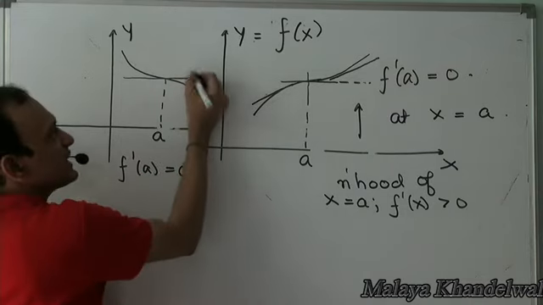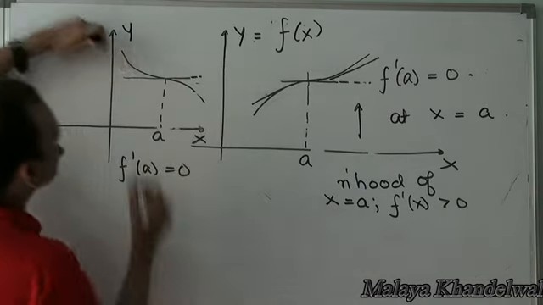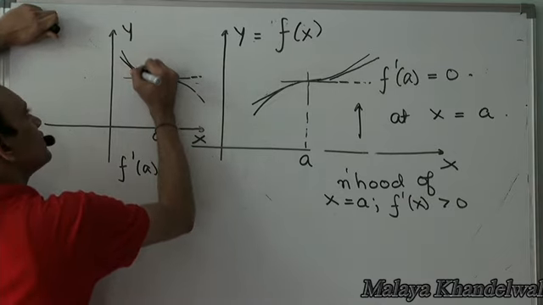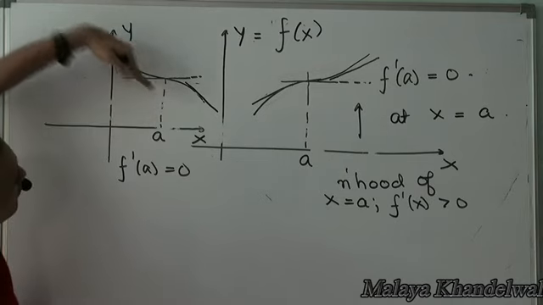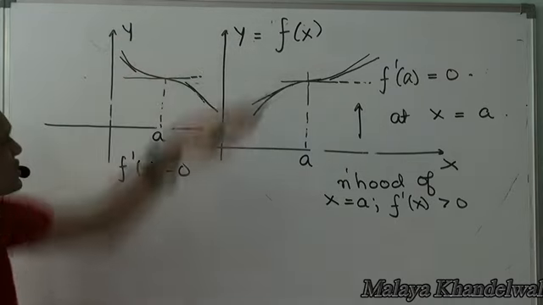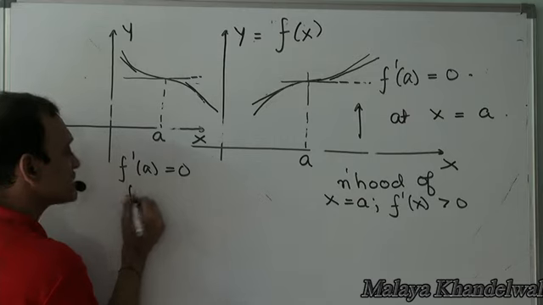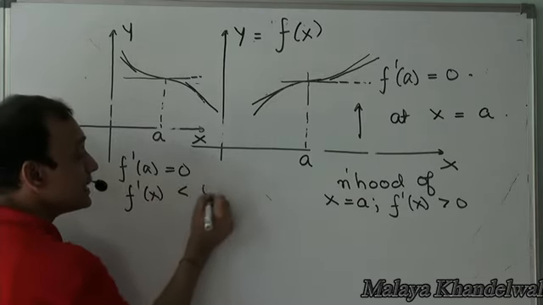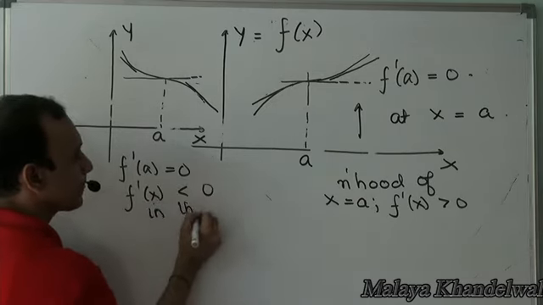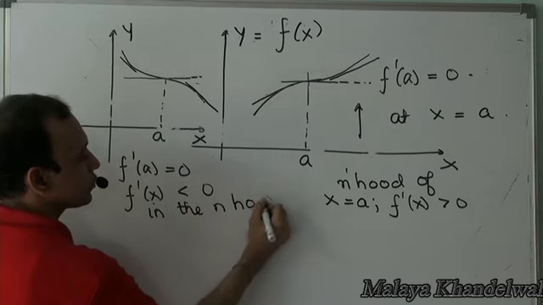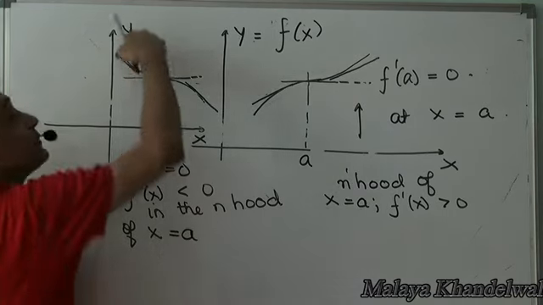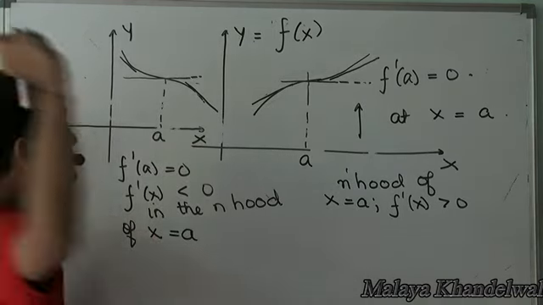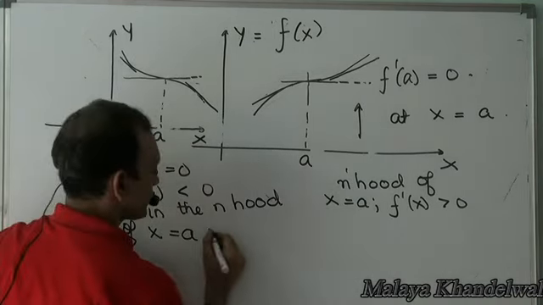Slope of the tangent at x equal to a is 0. But to the left of a, f dash x is negative, and to the right of a, f dash x is negative. F dash x is negative in the neighborhood of x equal to a. Then the function is still said to be decreasing at x equal to a.